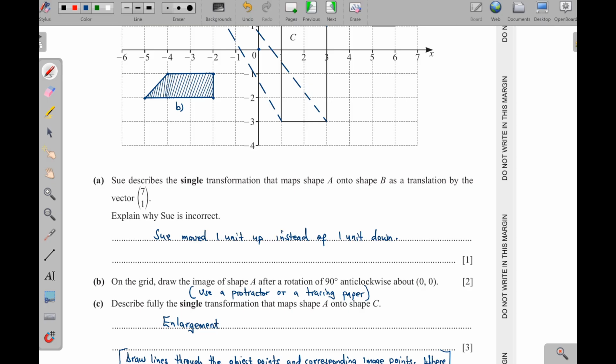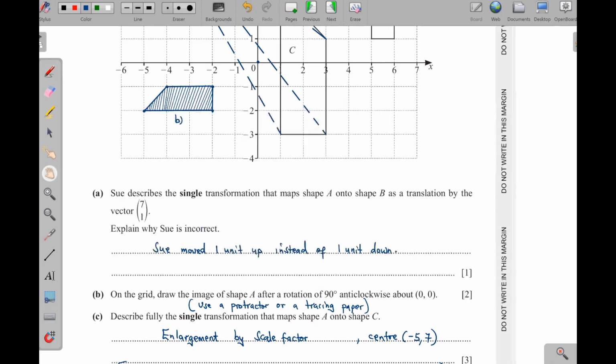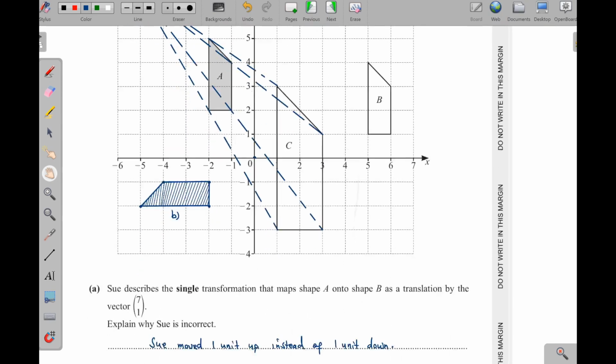Okay. Then you give the scale factor of enlargement, right? The scale factor dash, then center, or you can say about, just like the way that one was given. The center of enlargement, we have seen it is -5 and then 7. Isn't it? Yes, -5 and 7.